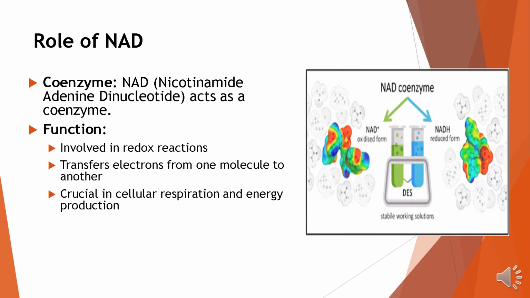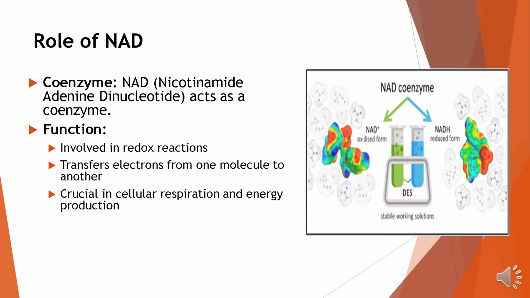Role of NAD as a coenzyme. NAD acts as a coenzyme in redox reactions, where oxidation and reduction occur simultaneously. In these reactions, electrons are transferred between two molecules, and NAD is converted to NAD plus or NADH.